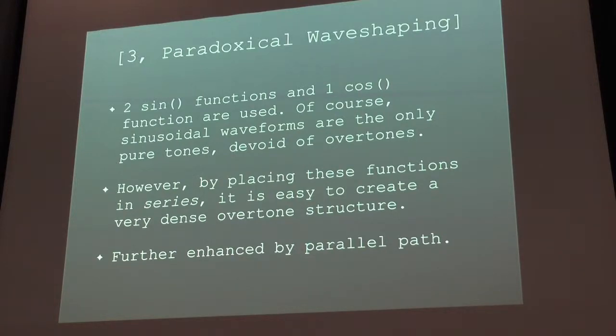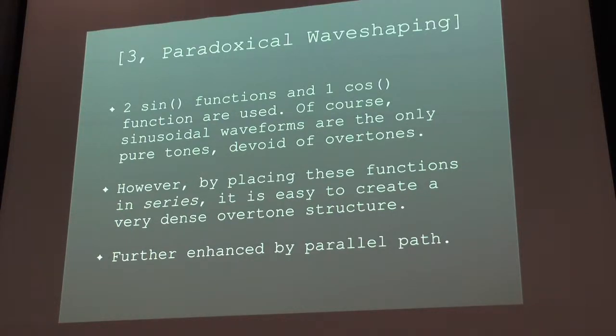So basically, the schematic uses 2 sine and 1 cosine function, and obviously, maybe not to everyone, but maybe to us, sinusoidal waves are the only waves that only include 1 harmonic. They're the only pure waveform.